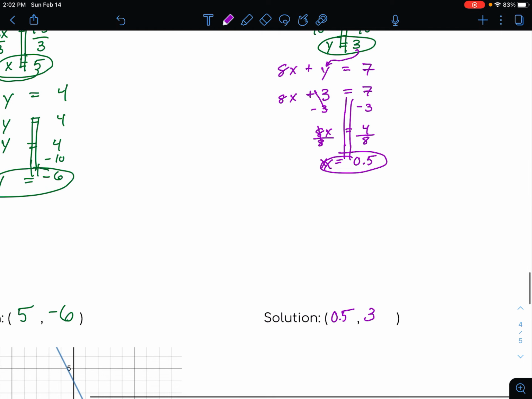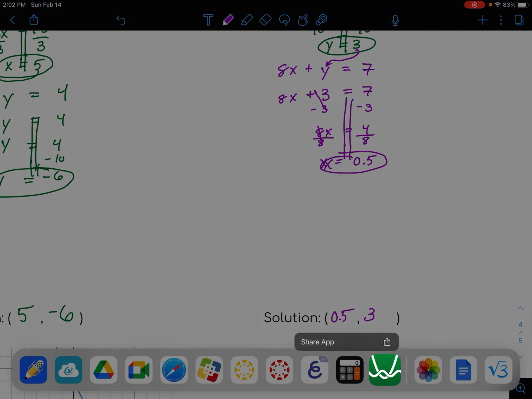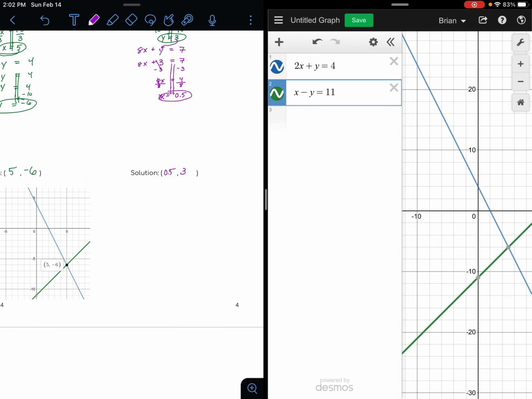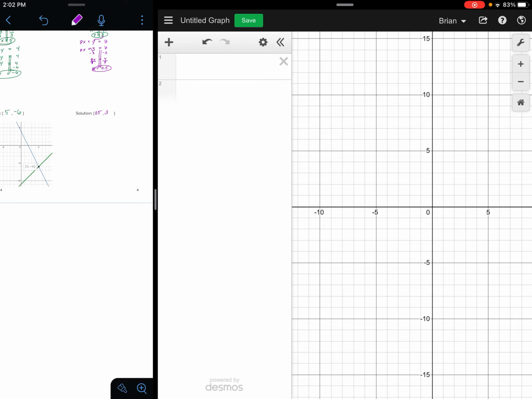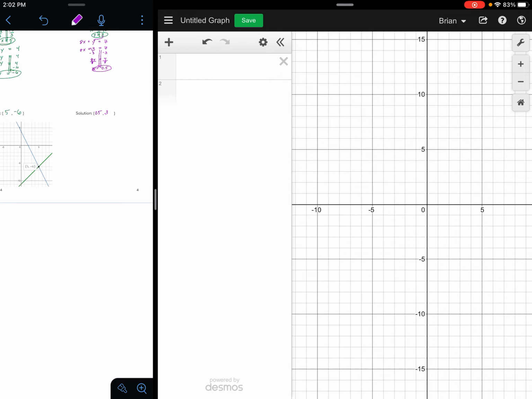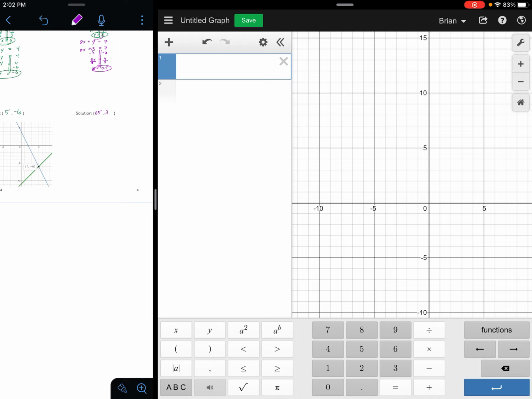Let's just check to make sure that that is correct by using Desmos. Get rid of the ones that I have in here. Let's take our equations. So 8x plus 11y equals 37. x plus y equals 7.